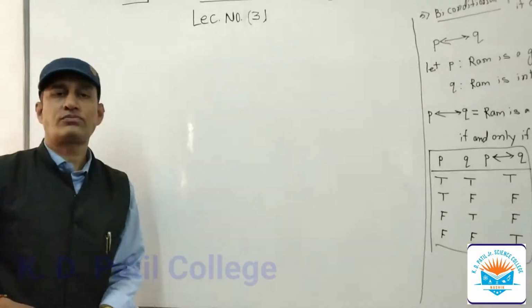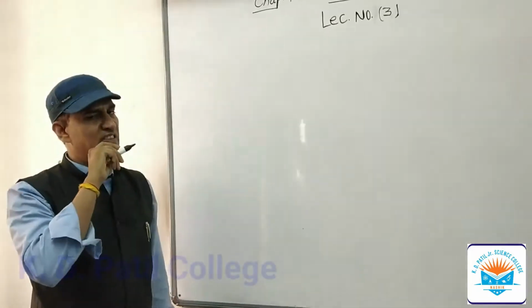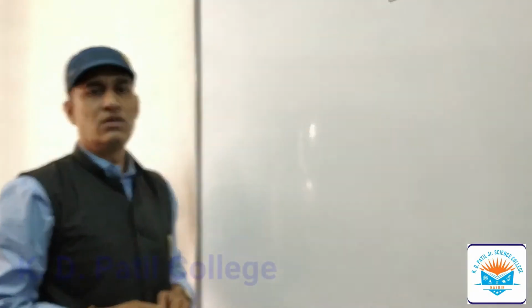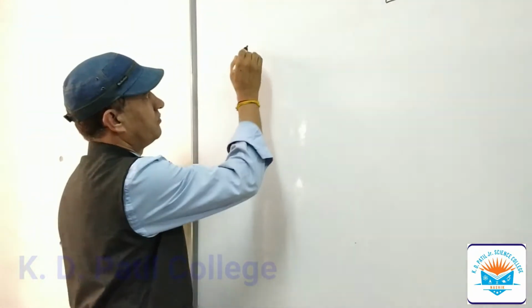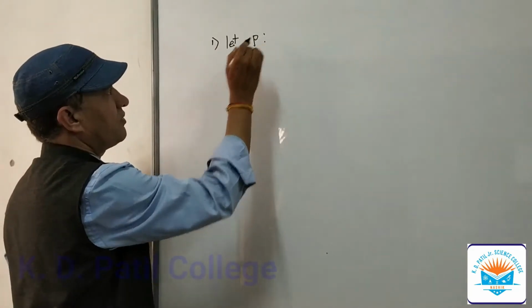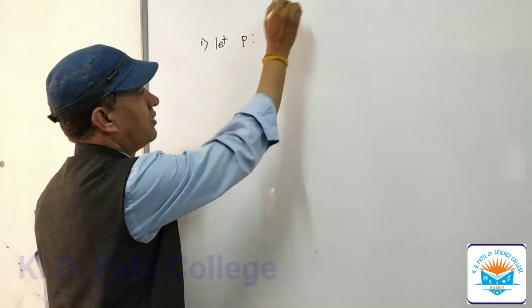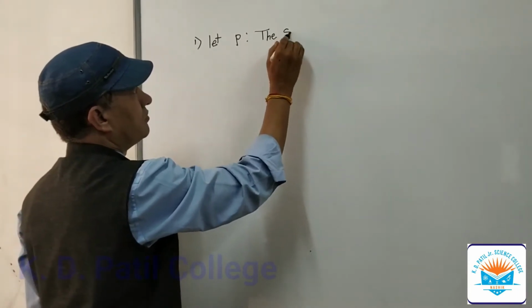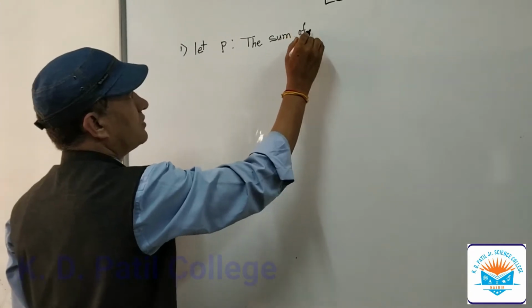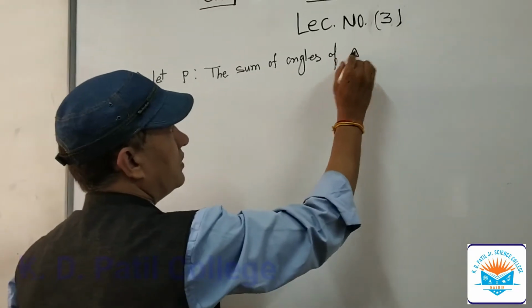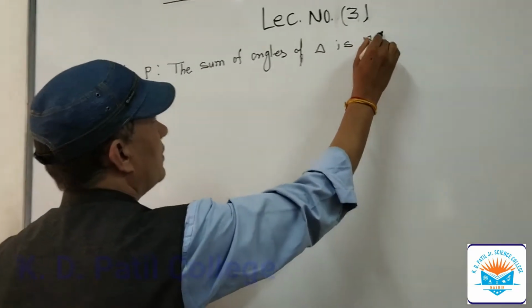Now look, we are taking an example such that all the 5 connectives can be used in symbolic form as well as verbal form. For that, take the first question. Let P such that the sum of all angles of a triangle is 180 degree.